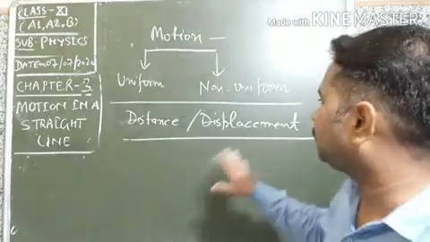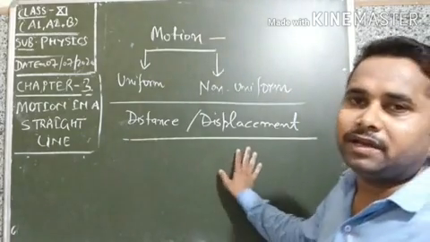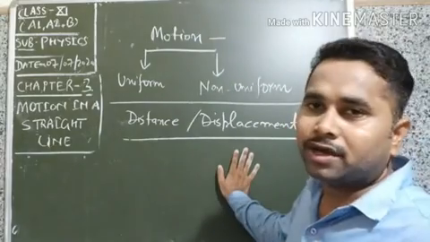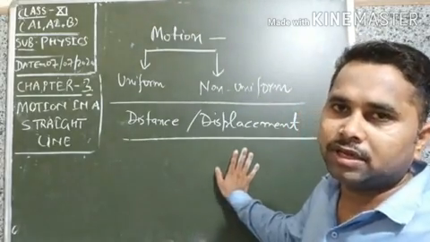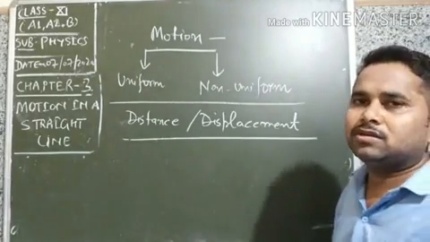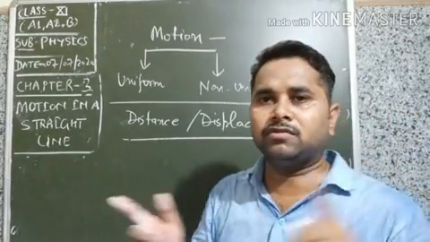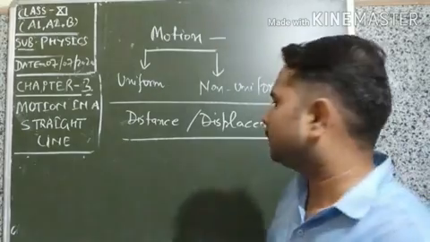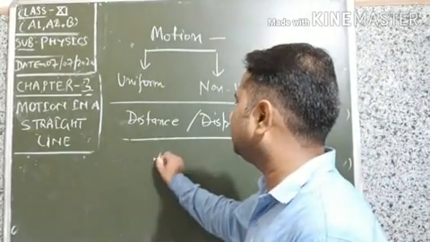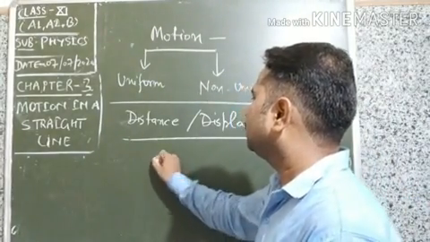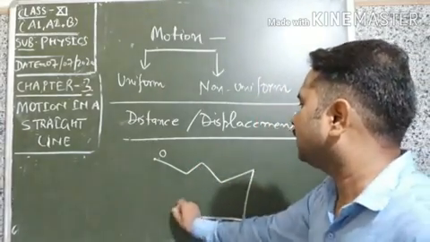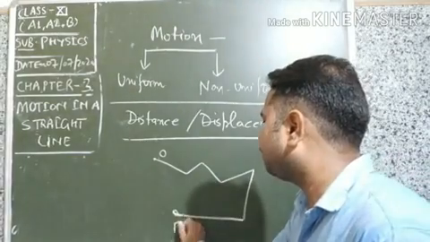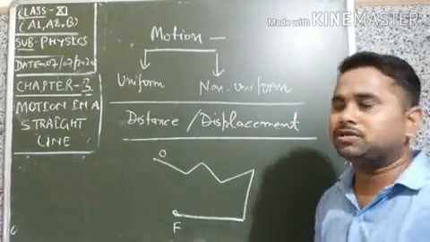Displacement is the shortest distance between initial and final position of the body, and shortest distance means distance denoted by a straight line. See here, this is initial position O, and the body travels on this zigzag path and reaches the point F, that is the final position.